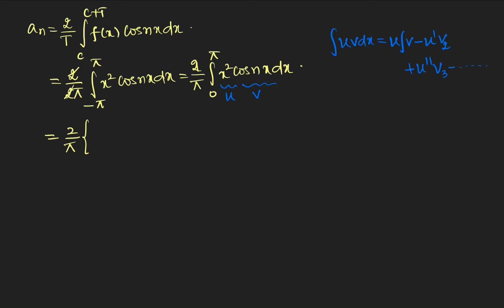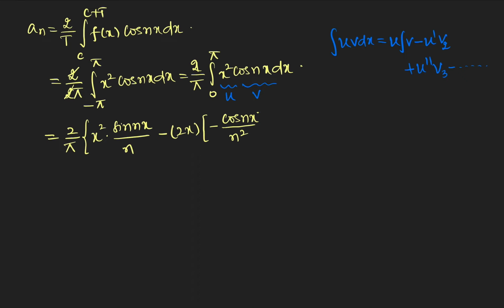First function x square into the integration of cos nx, which is sin nx by n, minus the differentiation of x square, which is 2x, into the integration of sin nx, which is minus cos nx by n.